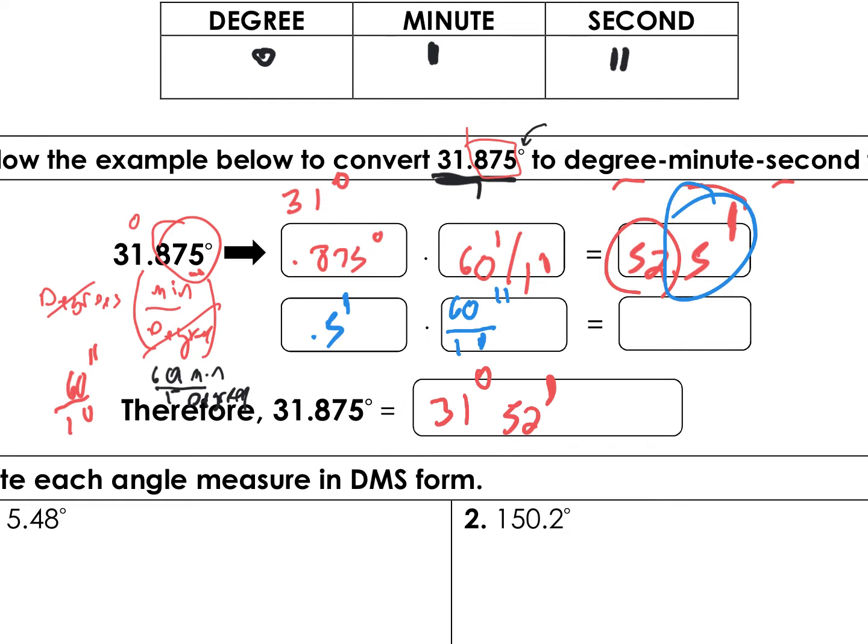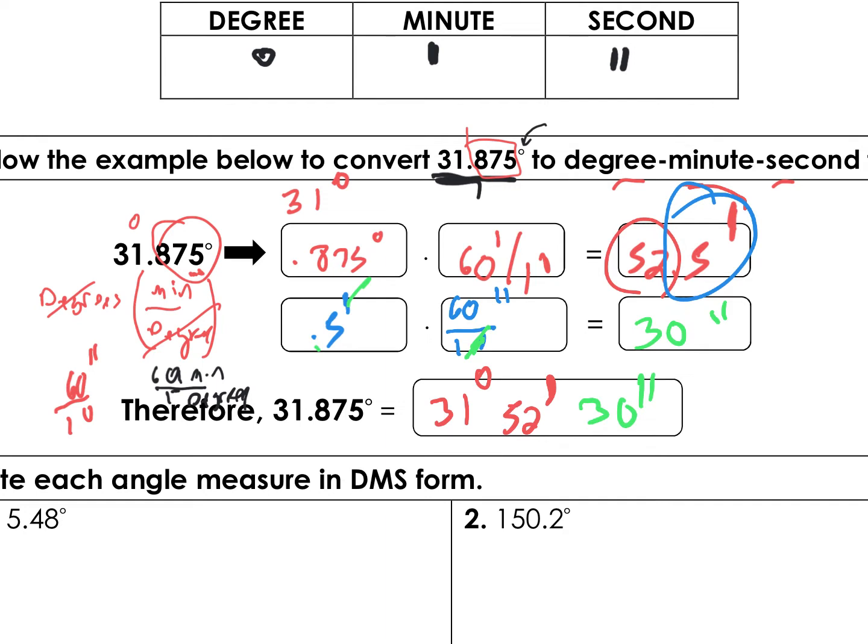You'll see that the minute cancels, leaving nothing but 0.5 times 60, which will give me seconds. Well, 0.5 times 60 is 30 seconds. So my final answer is 31 degrees, 52 minutes, and 30 seconds. That's converting a decimal degree into degrees, minutes, and seconds.